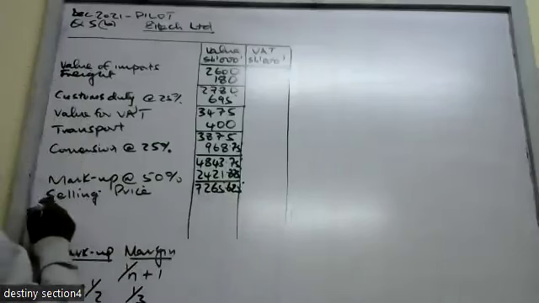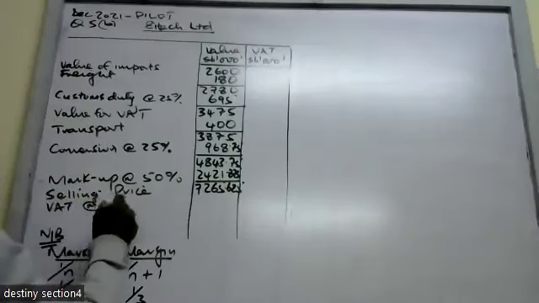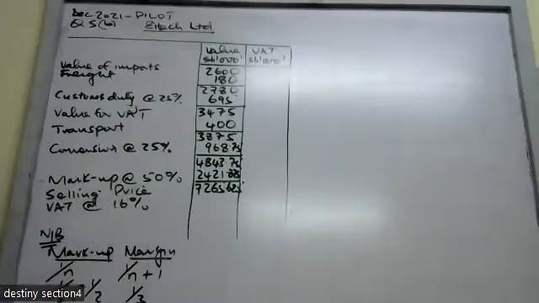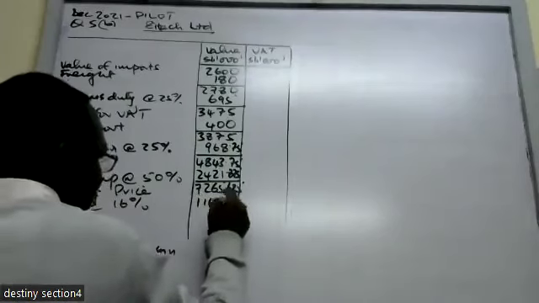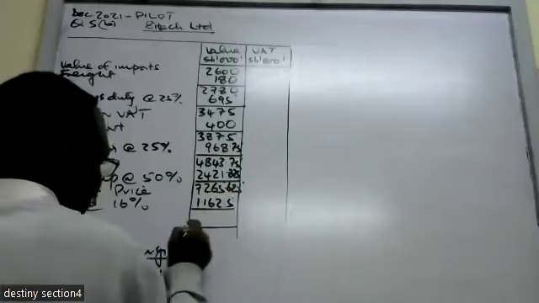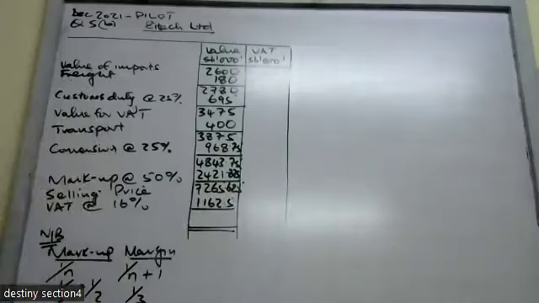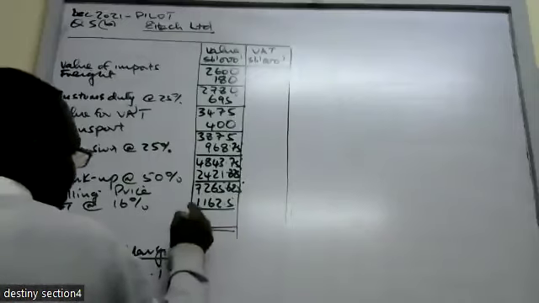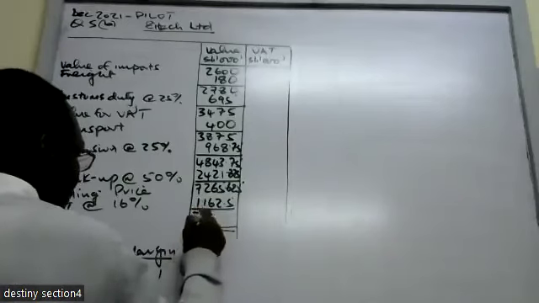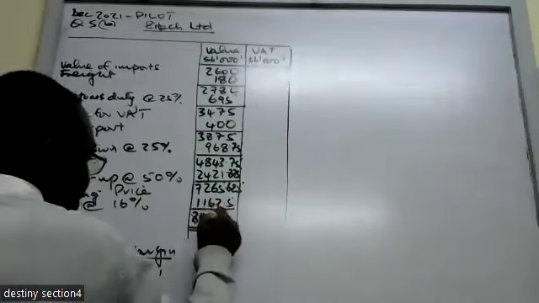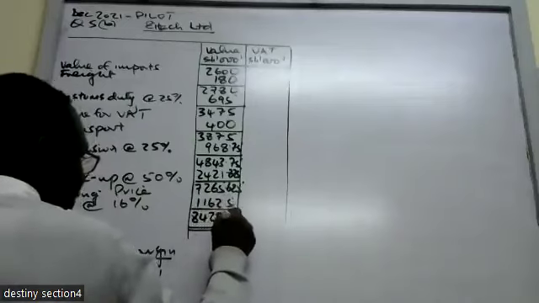Now you will charge VAT on the selling price. So VAT at 16% will be 1,162.5. So if you add VAT you get the final value of the goods, which is 8,428.125.